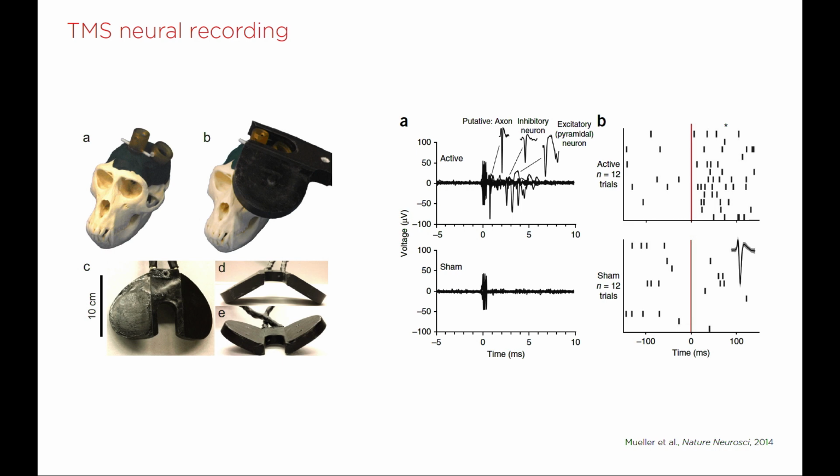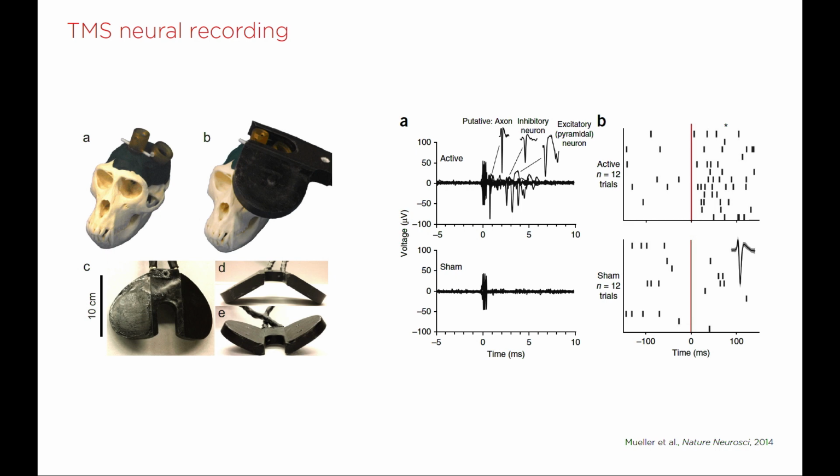Another new application is the combination of TMS and single unit recording. And this was successfully done at Duke University. So we designed a coil to be compatible with a non-human primate that has an implantable chamber on the skull of the primate, where the recording needles would go in.